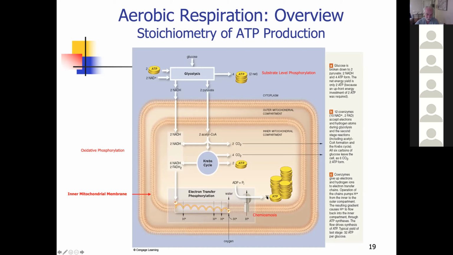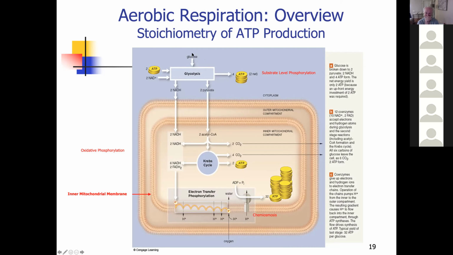And this is assuming that you start with 1 molecule of glucose. From that, you get a net of 2 ATPs, another 2 here, 32 here, for a total net of 36 ATPs from one molecule of glucose.